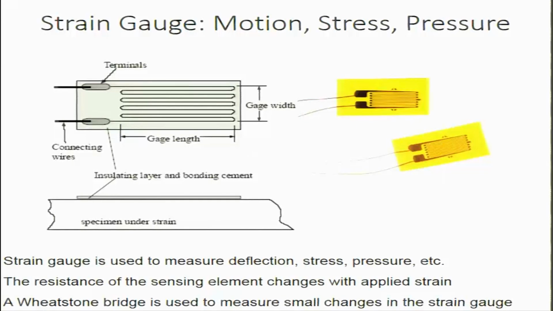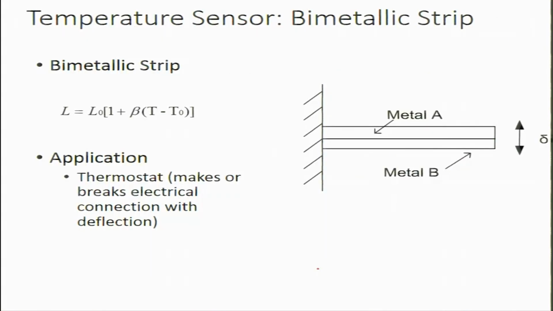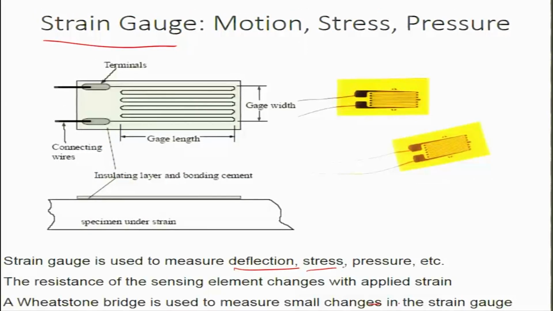Another very important sensor, used most of the time in motion, stress and pressure measurements, is the very popular strain gauge. The strain gauge is typically used to measure deflection, stress, pressure, and a bunch of different mechanical parameters. It is a simple resistor element whose resistance changes with different applied strains.